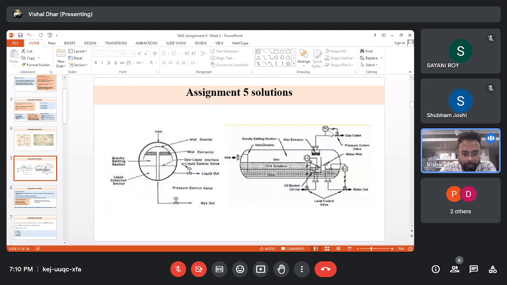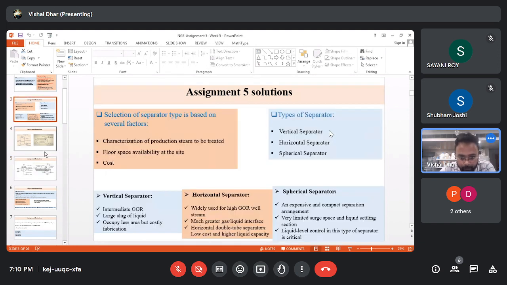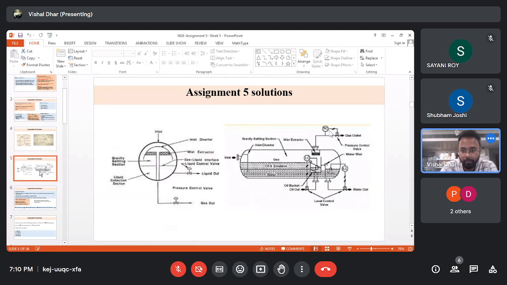Okay, I am going to the next slide. Here you can see there is a double interface horizontal separator. A double tube separator is there, then there is a spherical separator.